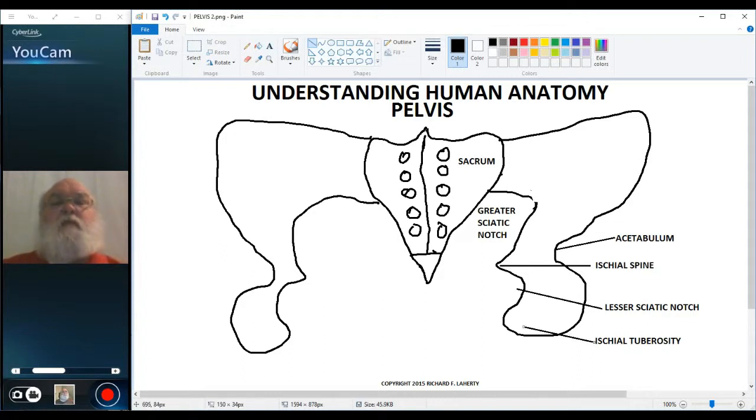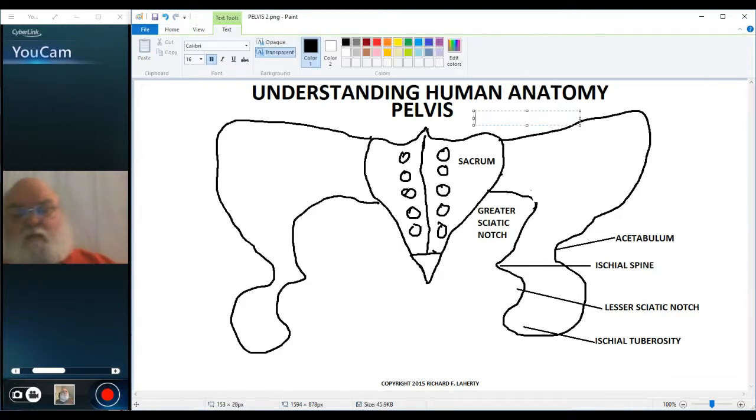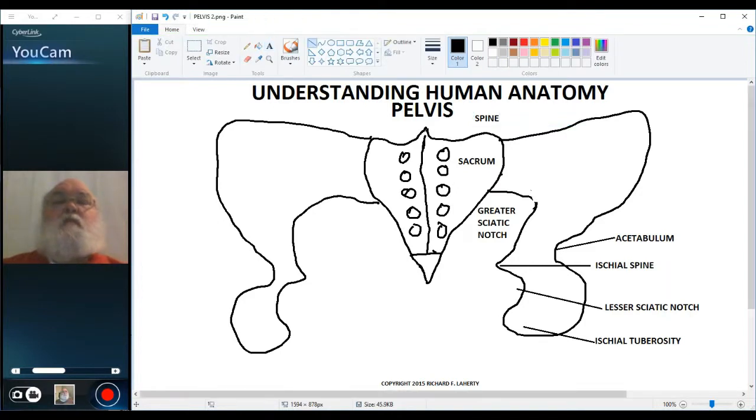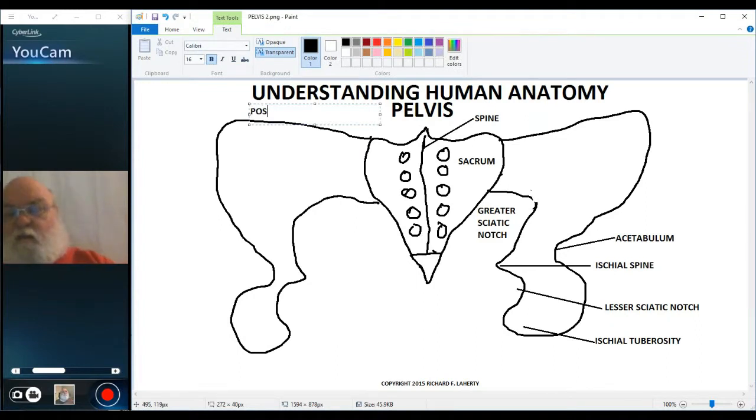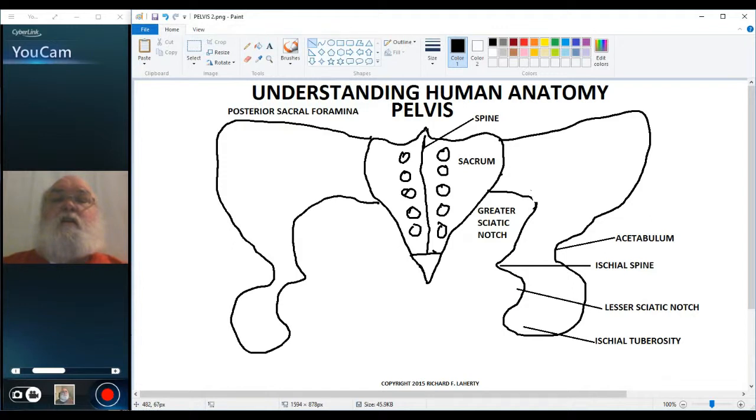Here we have the sacral spine, running down the middle of the sacrum, and we have the posterior sacral foramina, and we'll draw lines to them.